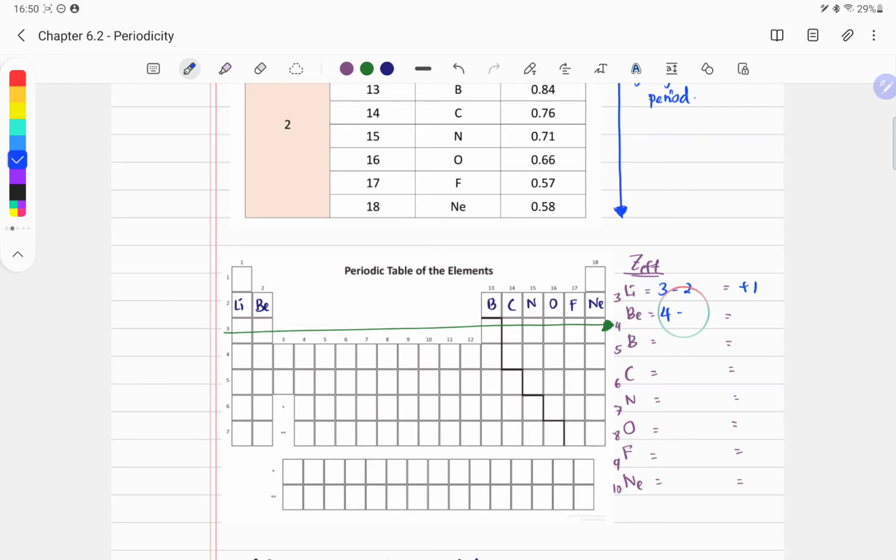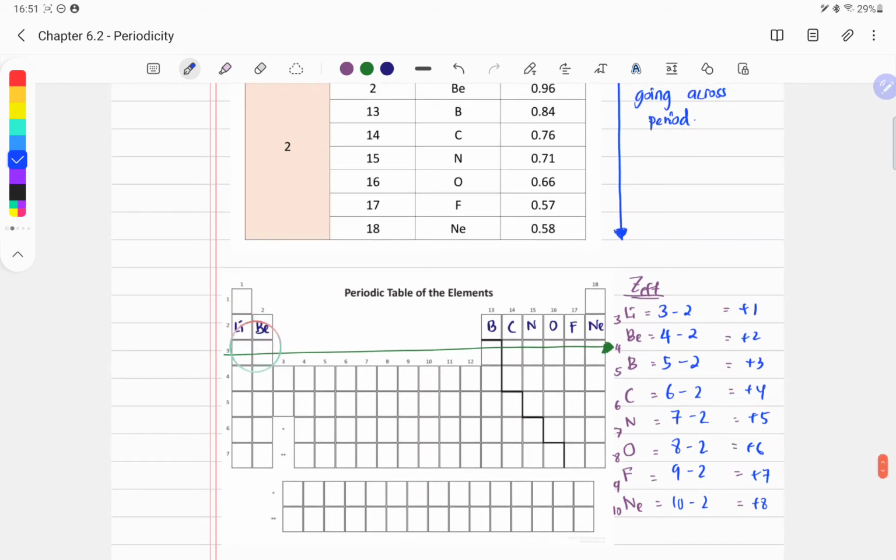Beryllium is 4 minus 2, positive 2. Boron 5 minus 2, positive 3. Carbon 6 minus 2, 7 minus 2, 8 minus 2, 9 minus 2, 10 minus 2. So we will get positive 4, positive 5, positive 6, positive 7 and positive 8.